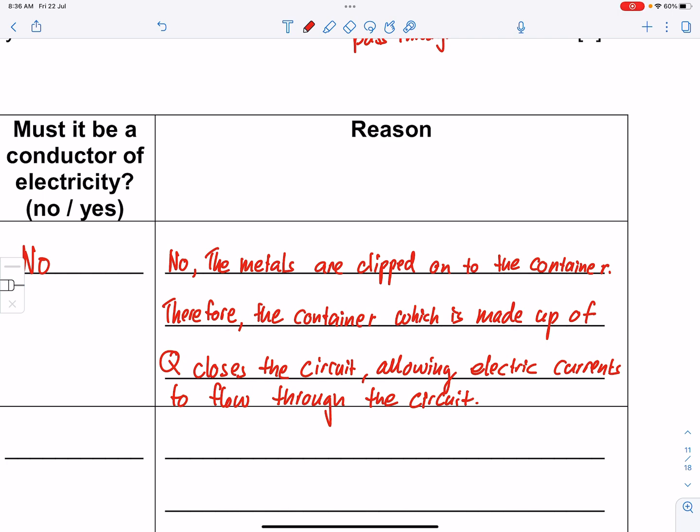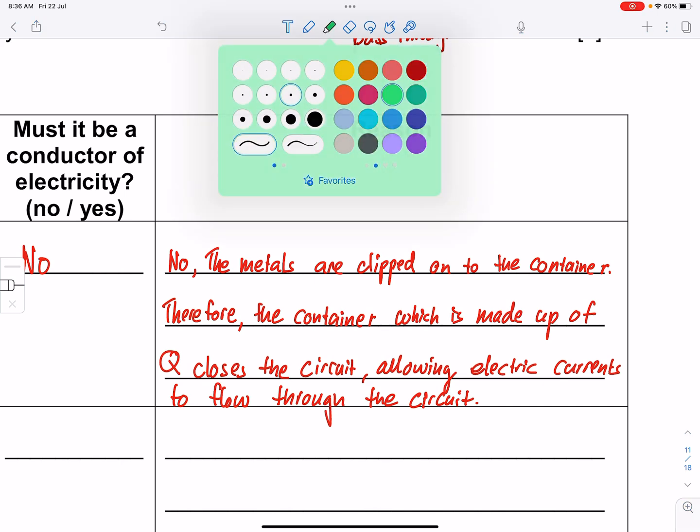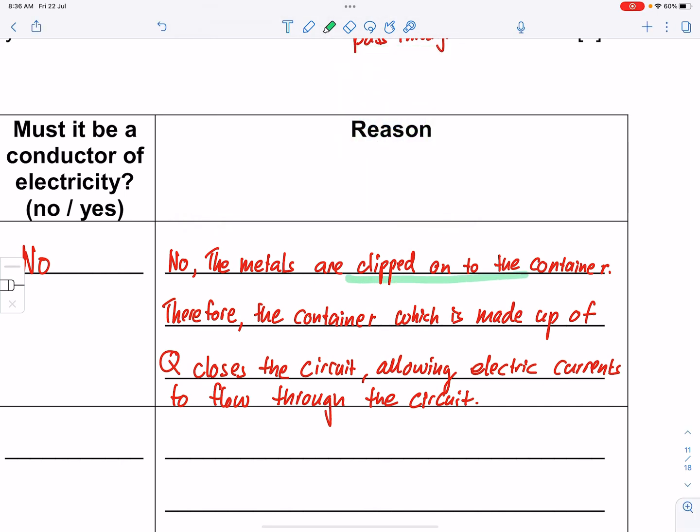Okay? So this part is very important. And then you state the purpose, whereby it closes and then electric current can flow through.